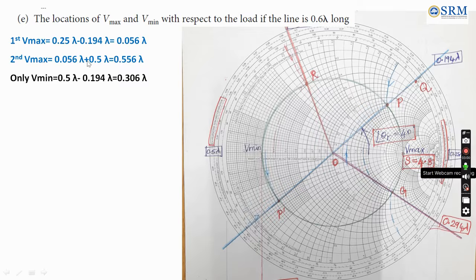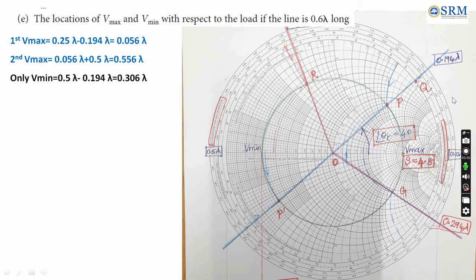So we get two voltage maxima and only one minimum, because from here if you rotate and come to this point, one time we crossed here, here also one time, but to reach this location 0.294 lambda, we crossed twice this voltage max location.